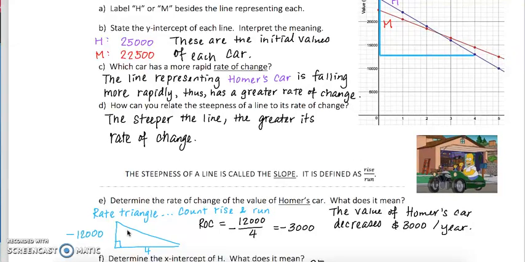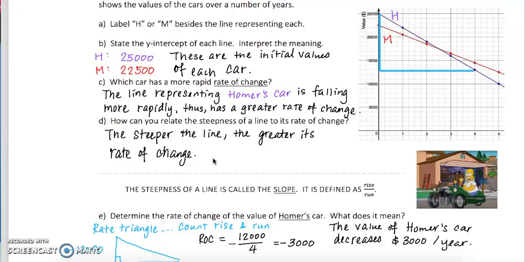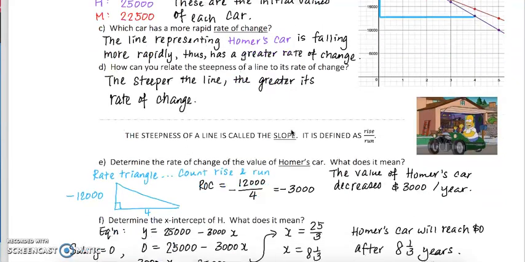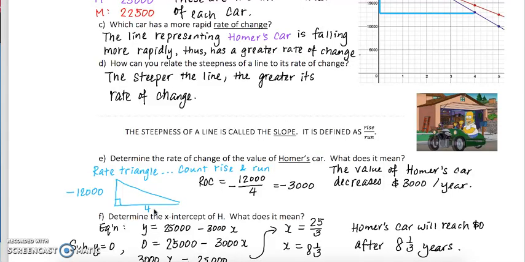I have reproduced this light blue triangle here in the question. And according to the scale on the axes, we are going down from $25,000 to $13,000. So the rise here is actually a negative $12,000. And the run is going from year 0 to year 4, therefore 4 units, just like this.